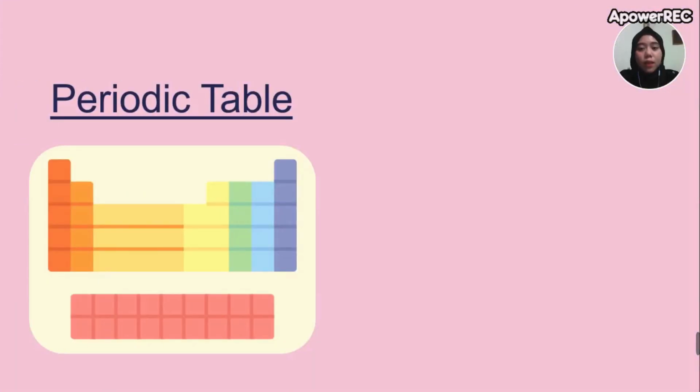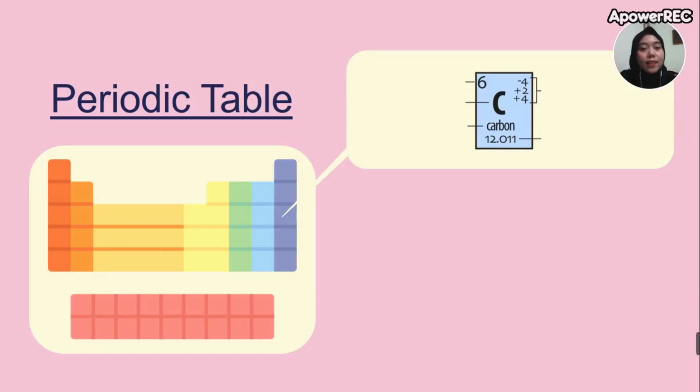Some people might know what each of these letters represents in the periodic table, because each element is represented in one square, which has structures inside it. First is the atomic number, and then the symbol. Below it, it has the name and atomic mass, and the last is common oxidation states.